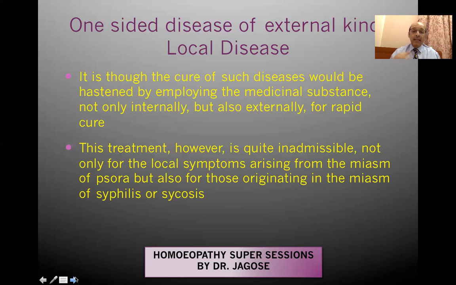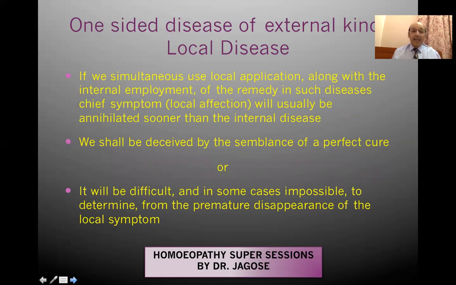So he says this treatment, meaning what? Giving the internal medicine as well as a local application in a local disease. This is totally not allowed, or he said it is quite inadmissible, not only for the psoric miasm, but also for the syphilitic or the sycotic miasm. Why? We shall see.